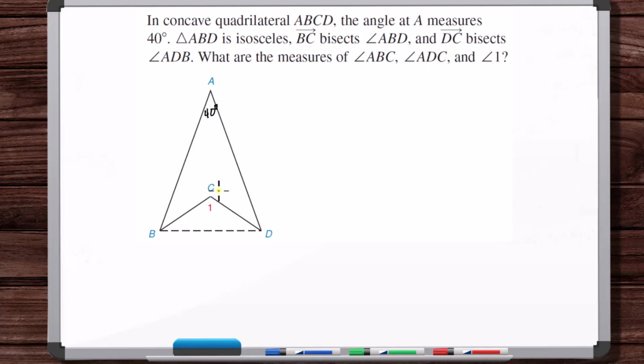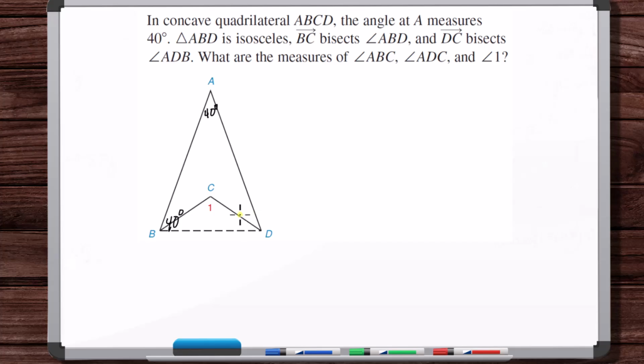So they don't tell us. Visually it looks like these are the two congruent sides, but they don't officially say this. We could deduce that if 40 degrees was a base angle, then this would be 40 degrees too. Then the other angle would need to be 40 plus 40 is 80, 180 minus 80 is 100.